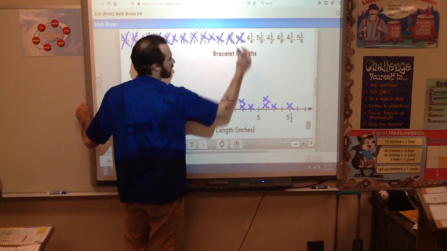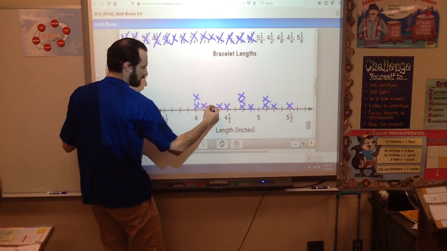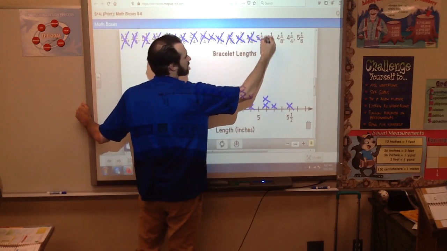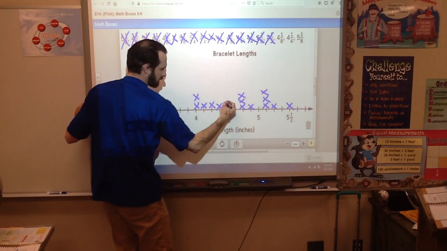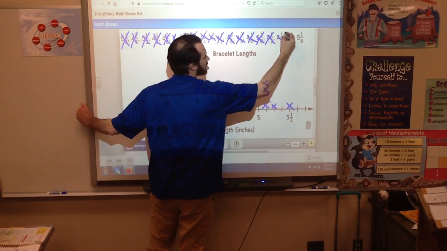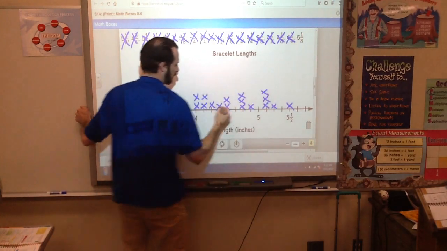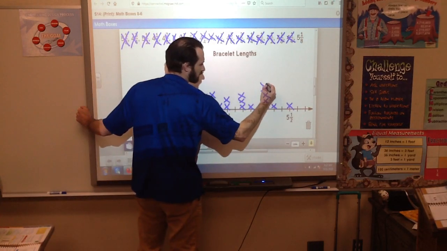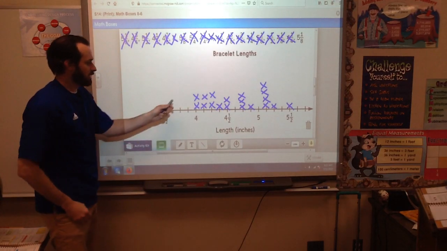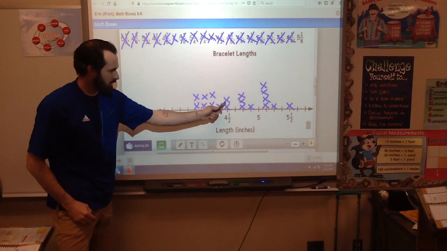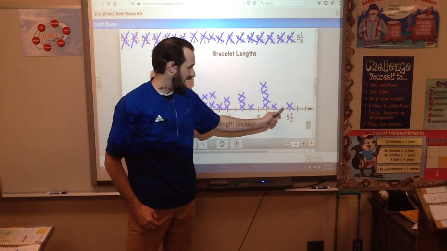I had to think about that one. 4 3/4 we already had. 4 1/4. 5 1/8 again. 4 1/2. 4 1/8. 4 1/4. And 5 1/8. So this is what your graph should have looked like. 2, 2, 2, 1, 2, a gap, 3, 1, gap, 4, 1, gap, 1.